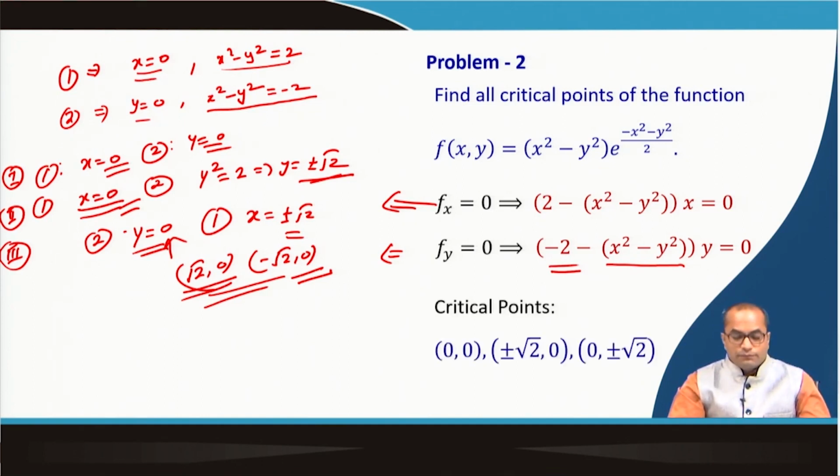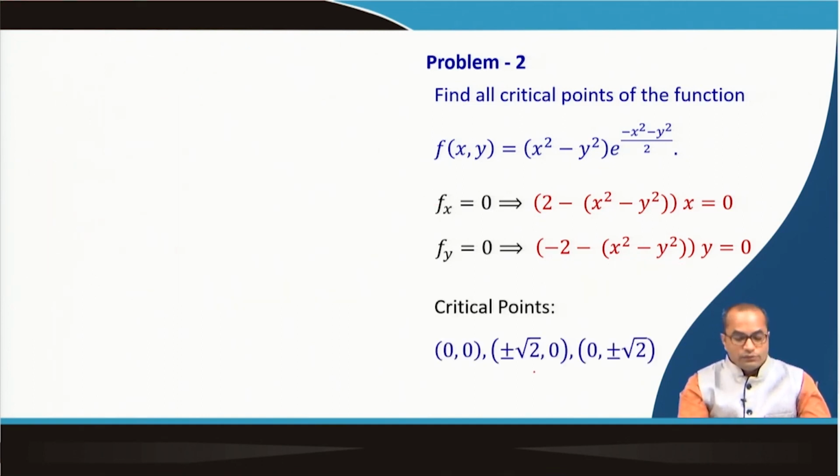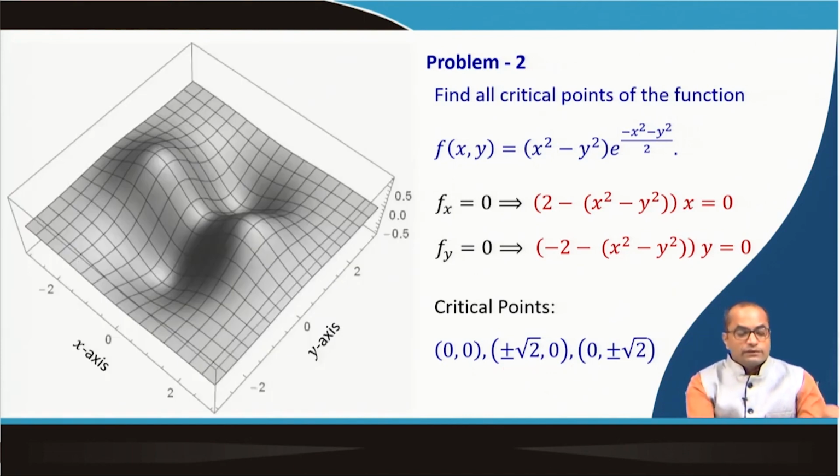So, what are the critical points? We have exactly what we have evaluated there: (0, 0), (plus or minus square root 2, 0), and (0, plus or minus square root 2). So, these 5 points, we have 1 here, the 2 and the 2. So, there are 5 critical points of this function, which one can also observe in this figure itself.